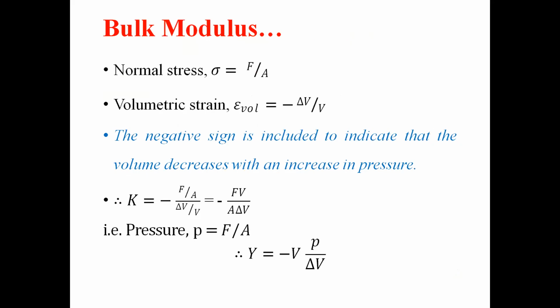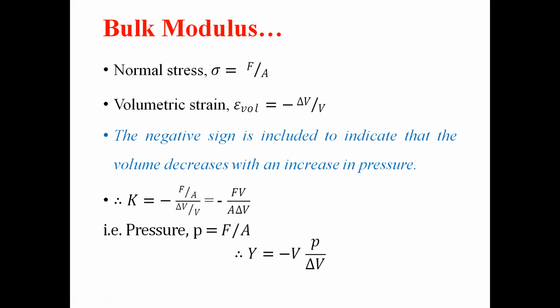Normal stress sigma equals load by area, and volumetric strain is change in volume divided by original volume. The negative sign is included to indicate that the volume decreases with an increase in pressure.